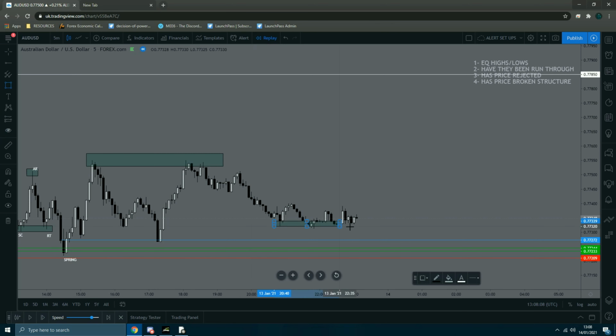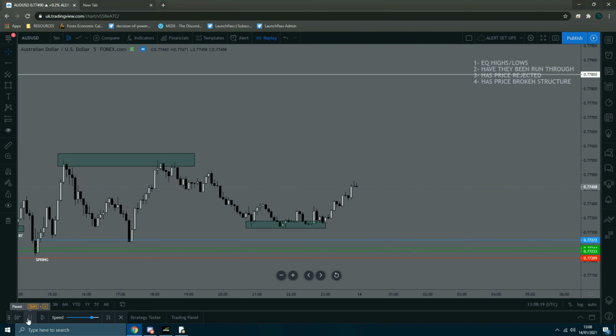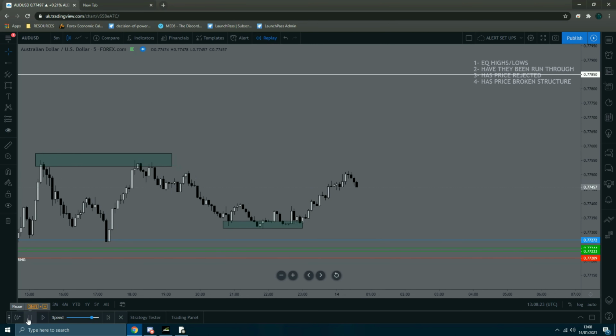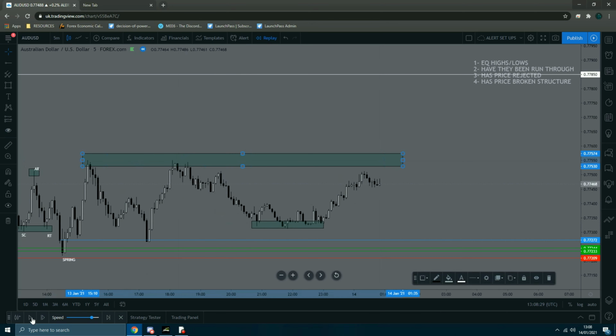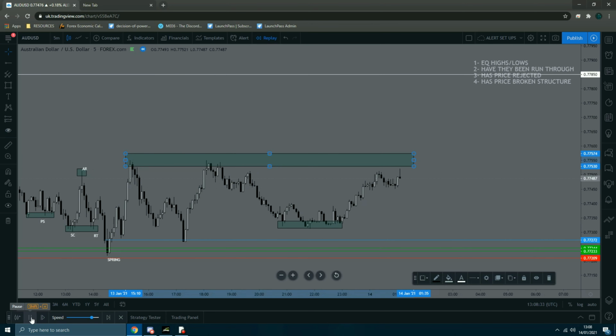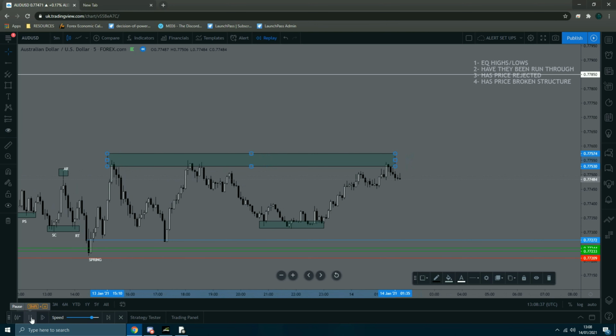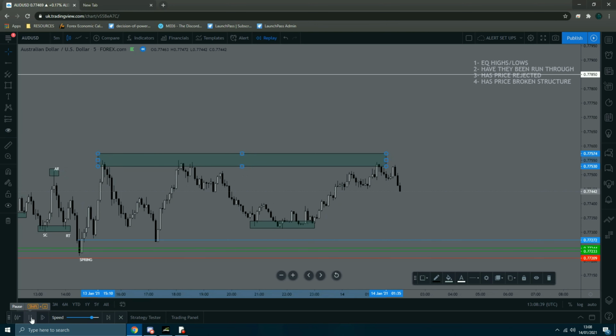I just love watching these levels play out, these equal levels. Triple top there, must be strong.